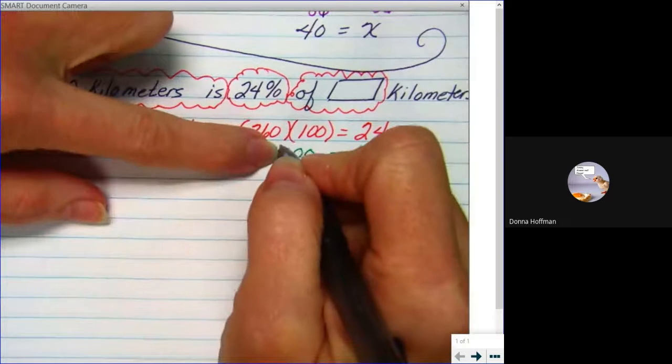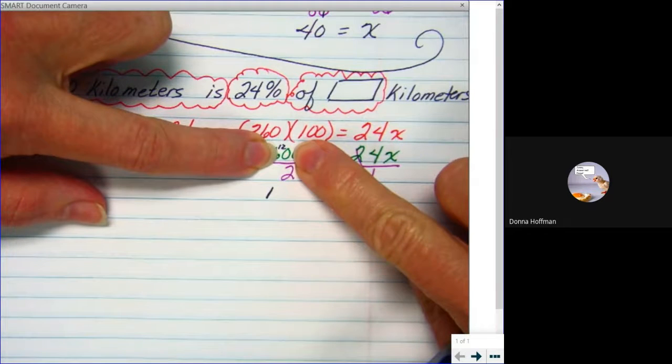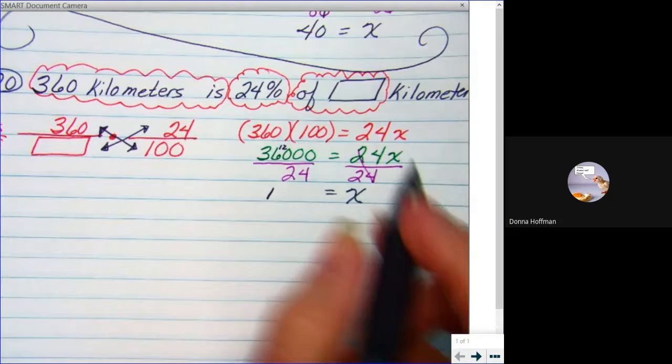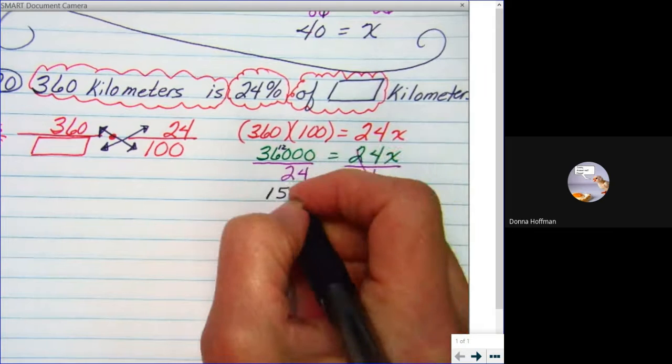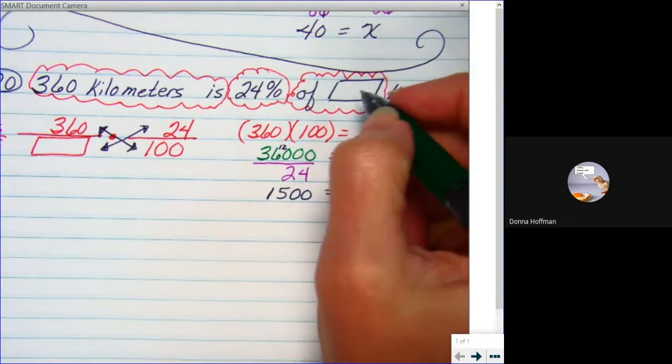So I put that over here by this 0, and that becomes 120, right? How many sets of 24 can I take out of 120? Isn't it 5? And it uses them all up. So then I bring these 2 zeros down. Forgot to add that other 0.